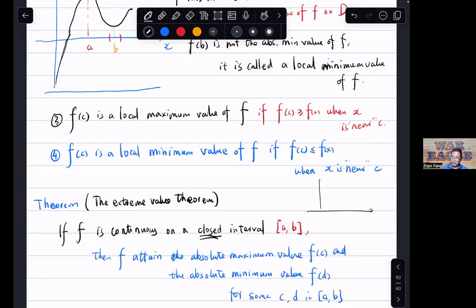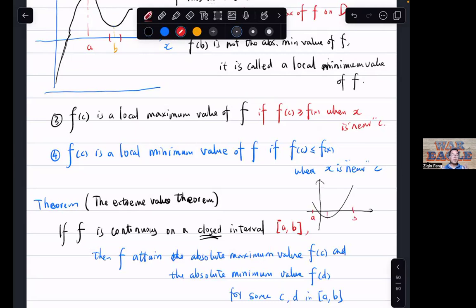So let me sketch an easy illustration. If you have a closed and bounded interval, a to b, and you have a crazy function, but this function is continuous. Okay, that's a good example. I can see that the function reaches the minimum value here and also the maximum value at b, right?